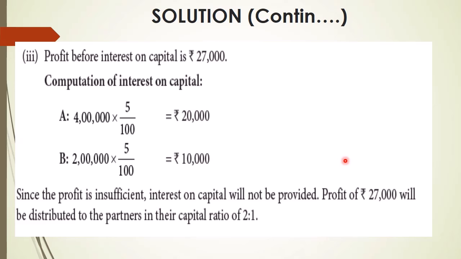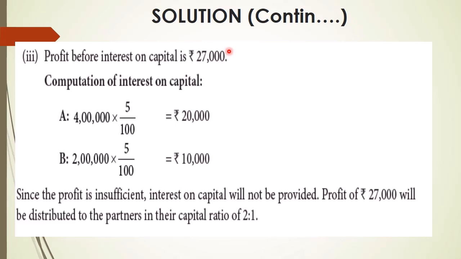Next is 5% interest on capital. So now we are providing 5%. We get for A 20,000 and for B 10,000. Now let's add these two. It is 30,000. So 30,000 is more than the profit. When it is more than the profit, the profit is insufficient.